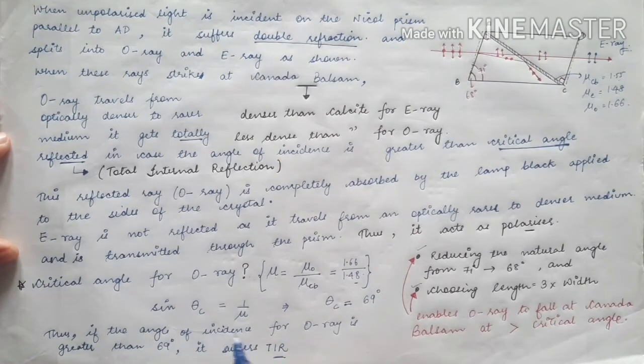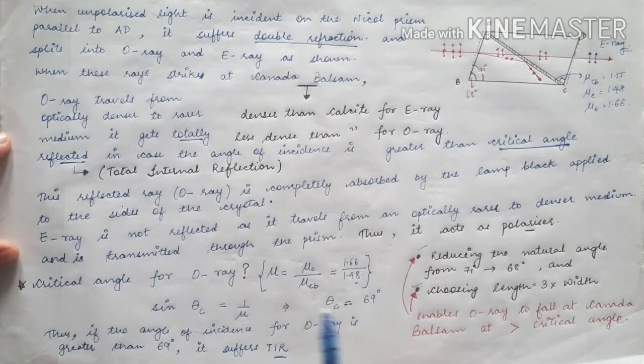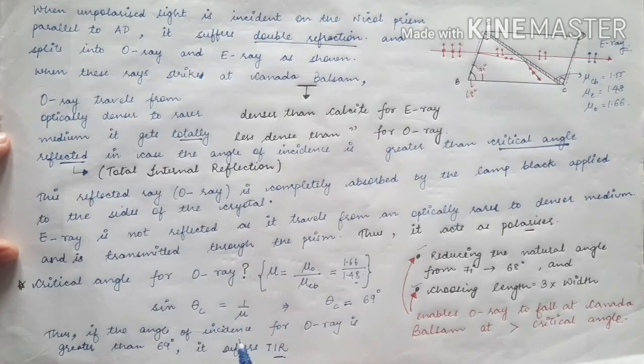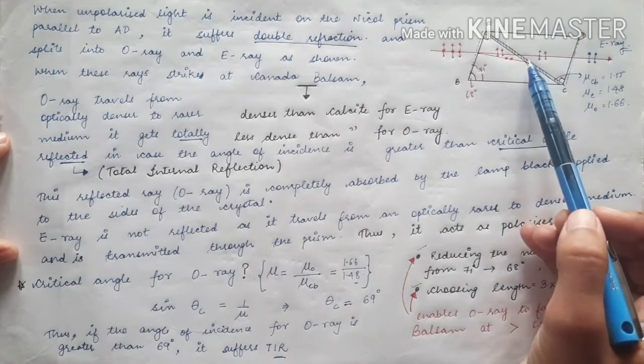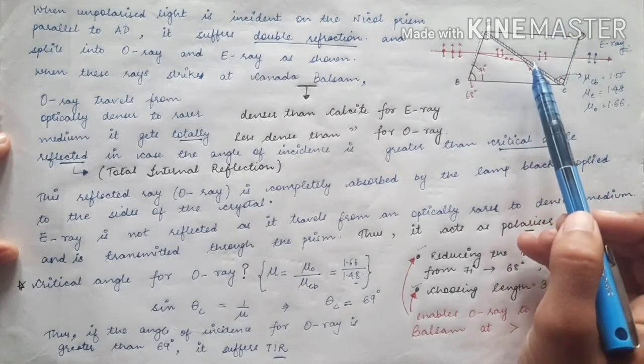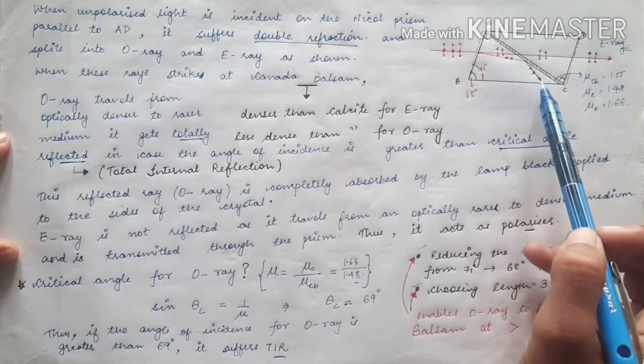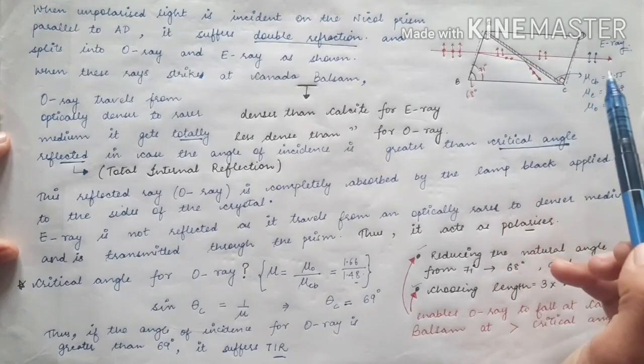So this is the critical angle for the case of the O ray. If the angle of incidence for the O ray at the Canada balsam layer is greater than 69 degrees, only then will it suffer total internal reflection. This angle of incidence must always be greater than 69 degrees, only then will this O ray get totally reflected inside the Nicol prism.